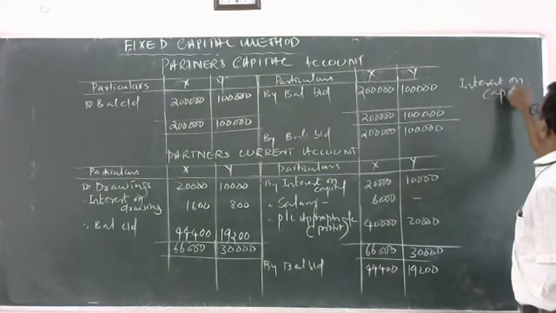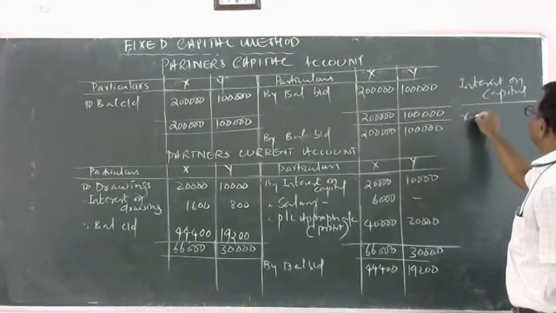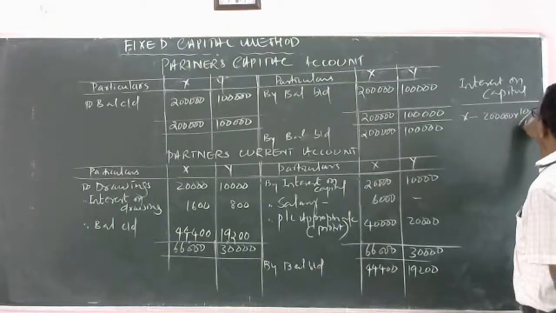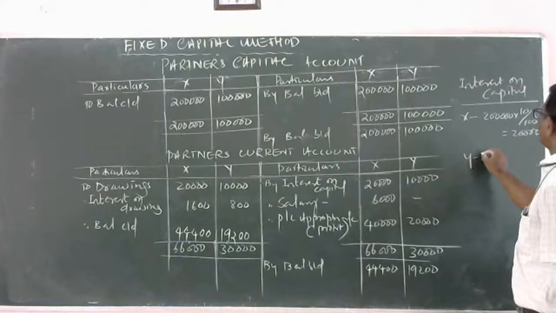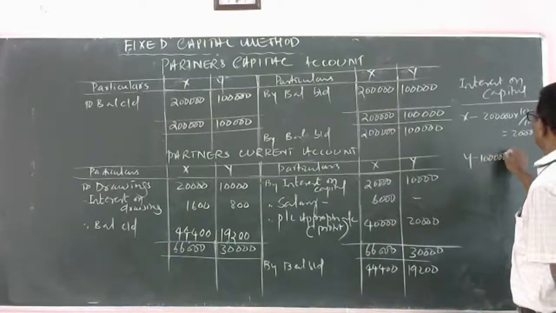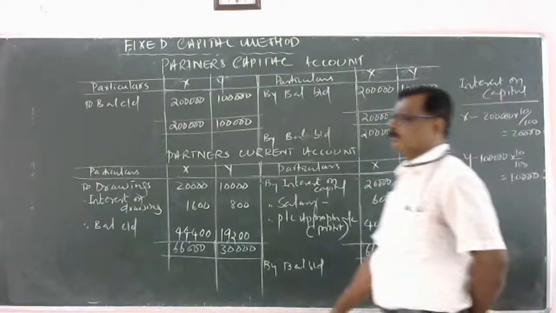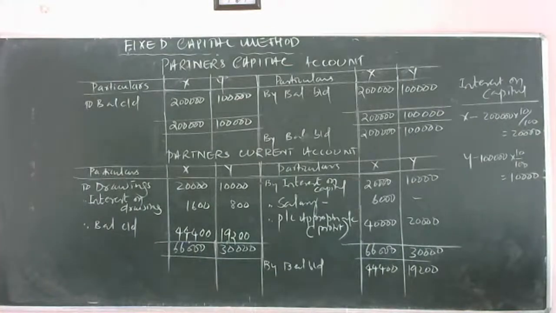Interest on capital. X's capital is 2 lakh, 10%, 20,000. Y's capital is 1 lakh, 10% is equal to 10,000. So if needed, you have to show the calculations also.